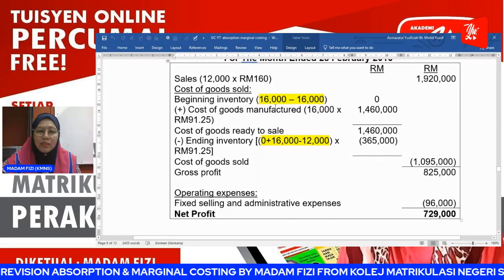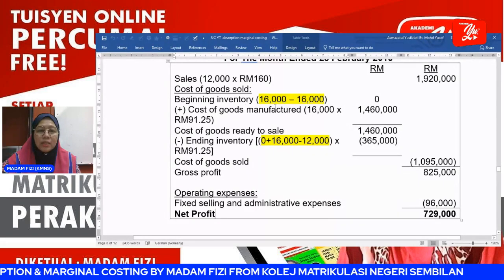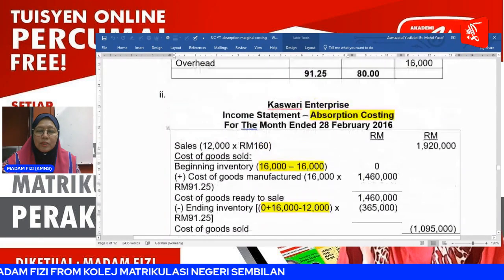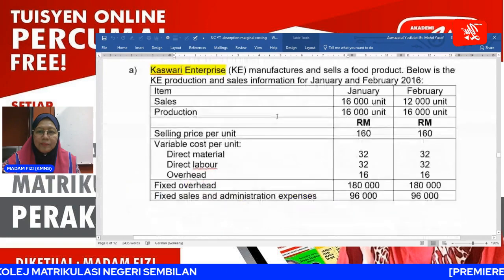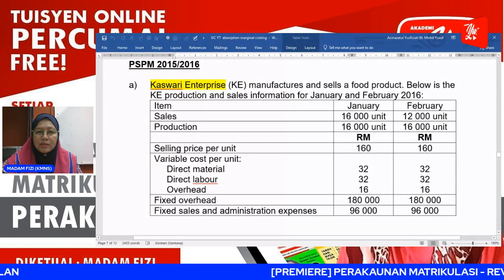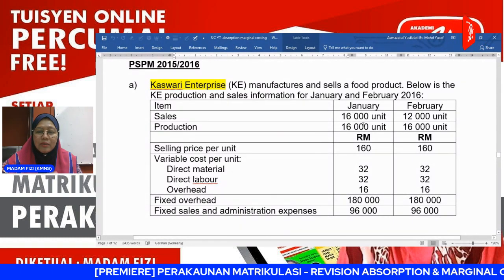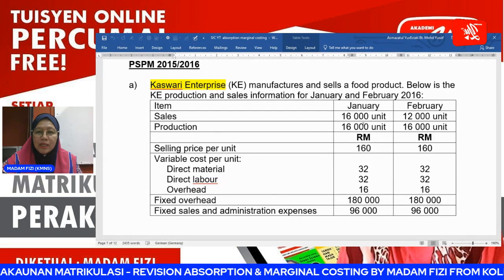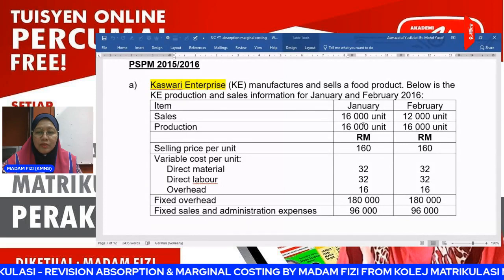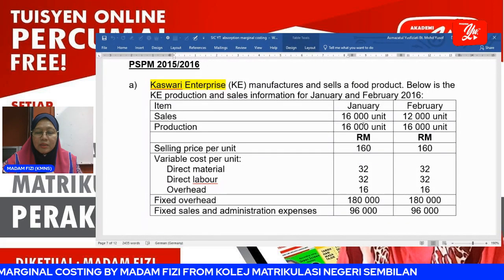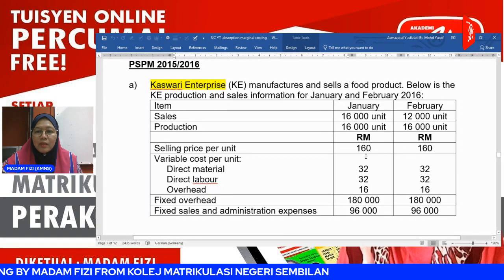Ya, beginning inventory dia kosong dekat sini. Okay, macam mana kita tahu dia kosong? Okay, tengok dekat soalan. Okay, for January, sales 16,000. Production pun 16,000. So, ending inventory dia kosong. So, ending inventory for January akan jadi beginning inventory in February. So, that's why beginning inventory in February is kosong.